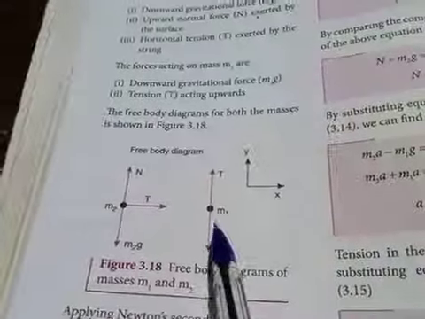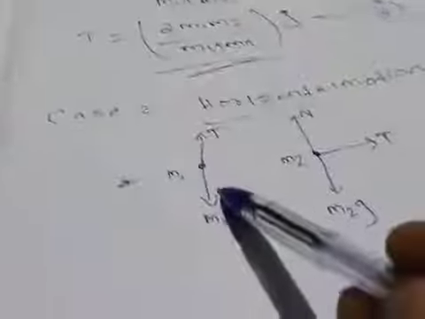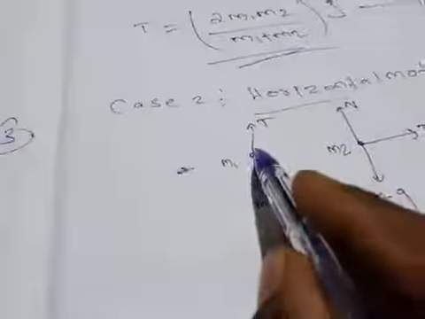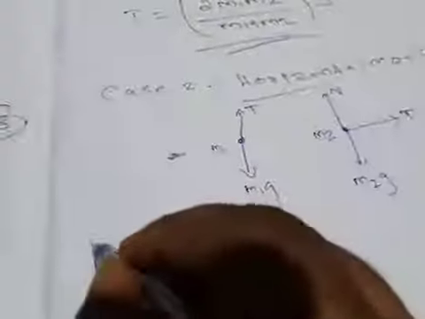That is what is given here in the free body diagram. Now applying Newton's second law on mass M1, let us see what will happen. First, for mass M1, I am applying Newton's second law.